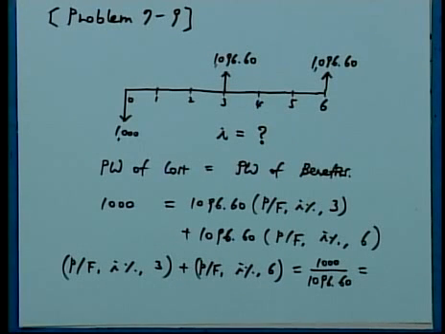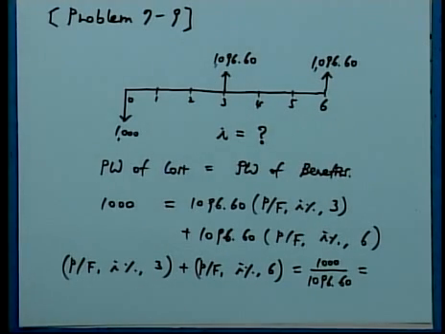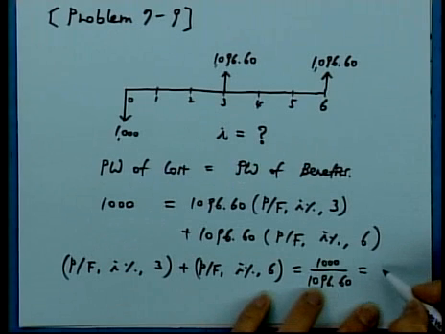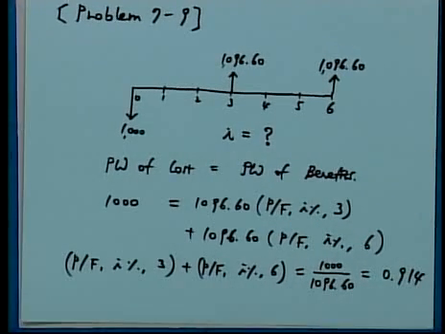How much is this? Okay, so this value is 0.914. Okay, so let's use the trial and error method.